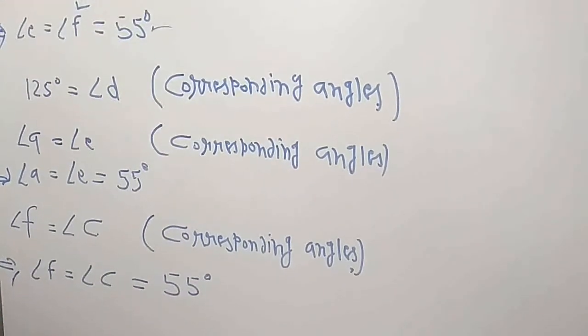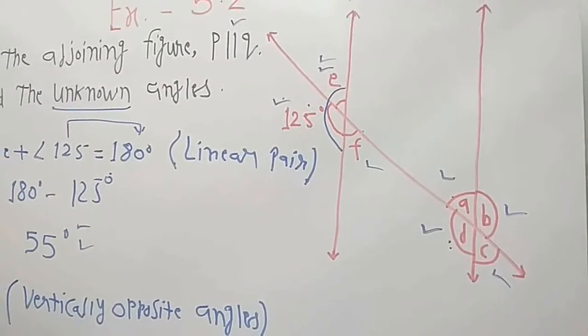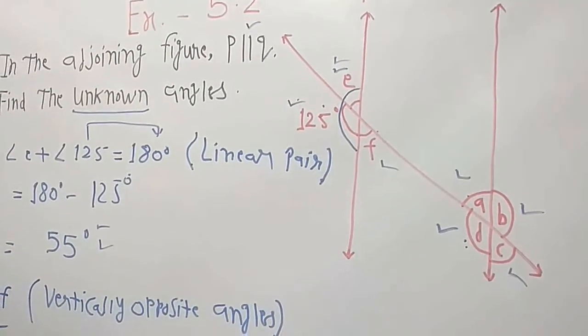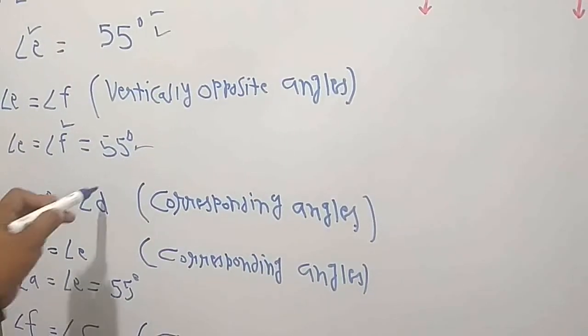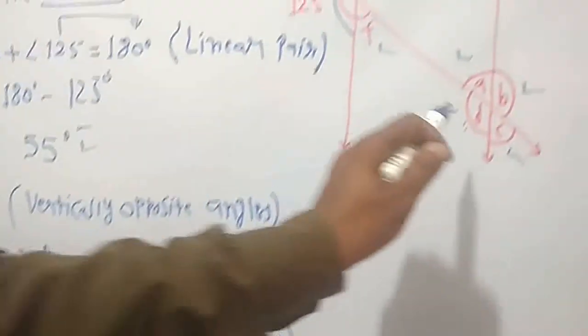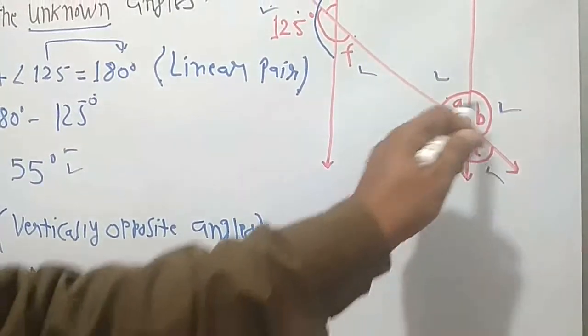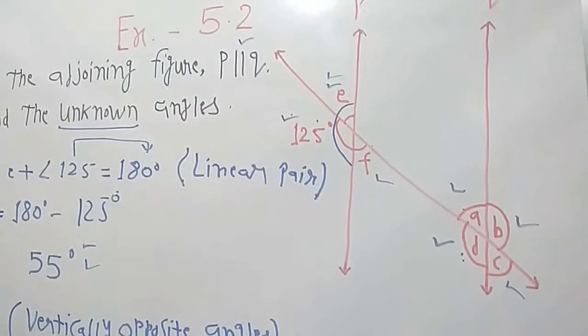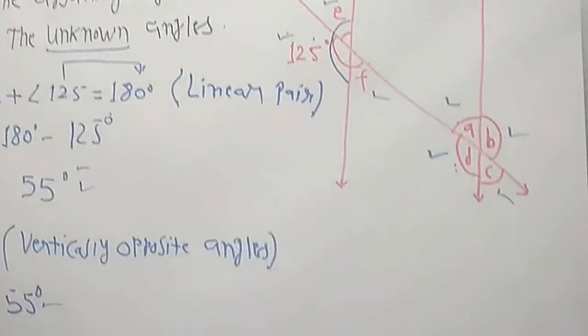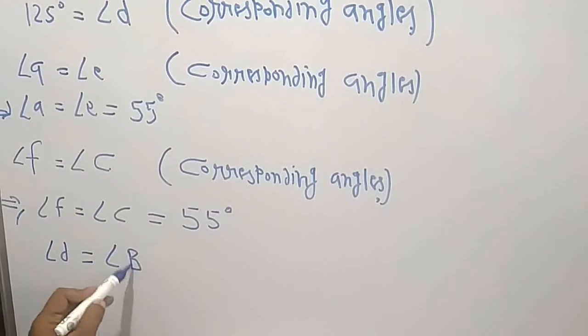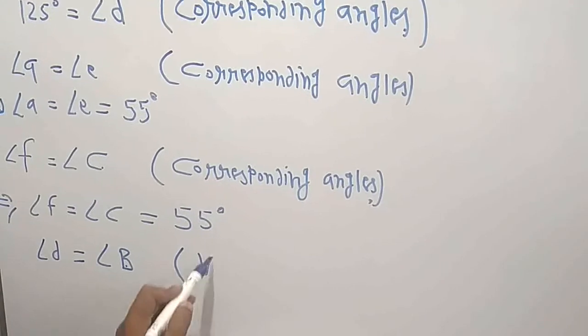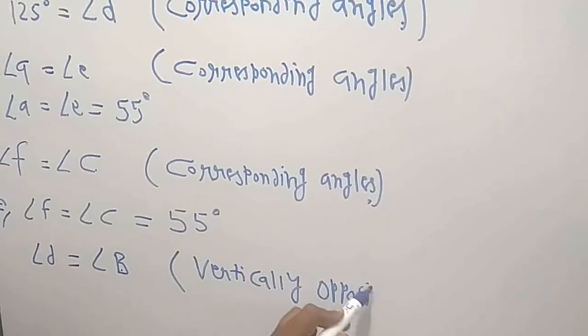Now which one is left? B is left. What is the value of D? This is the 125 angle D. Angle D and angle B are vertically opposite angles. So we can write here angle D is equal to angle B from the concept of vertically opposite angles.